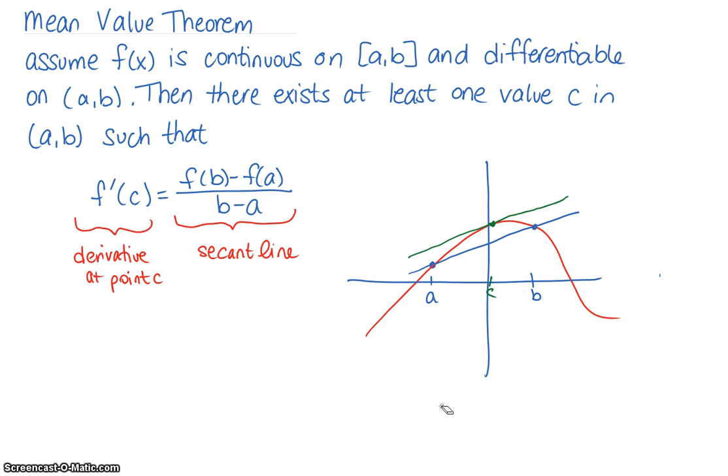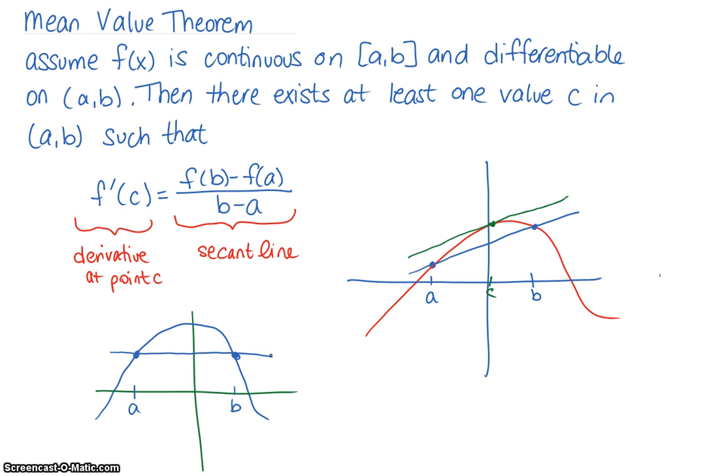So, if you think about what we did with Rolle's theorem last day, Rolle's theorem says that if you have these two starting and end points being the same, so they have the same y values, there's A and there's B. The slope between these two points, the secant, is 0 because they're the same value.